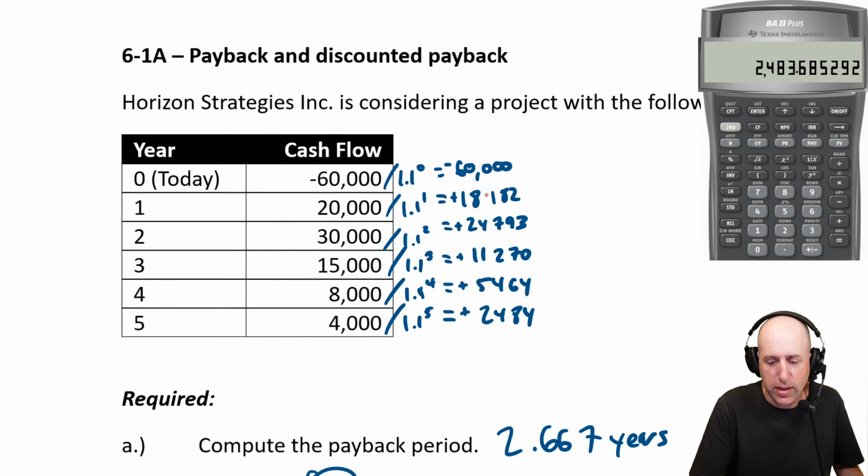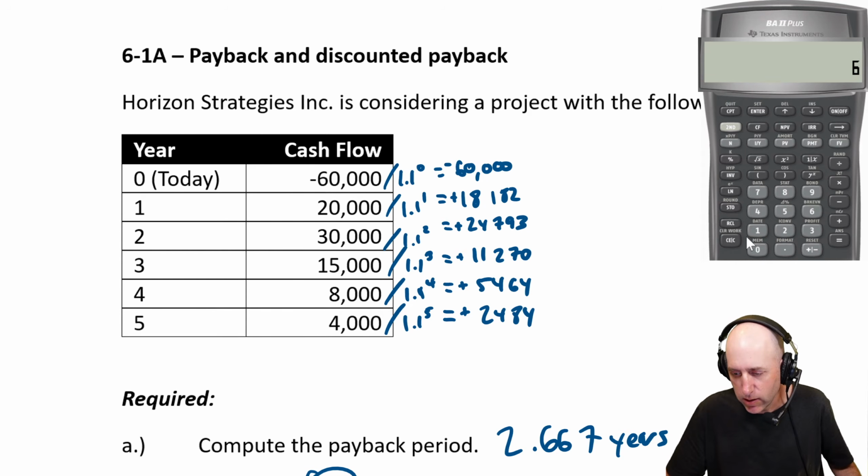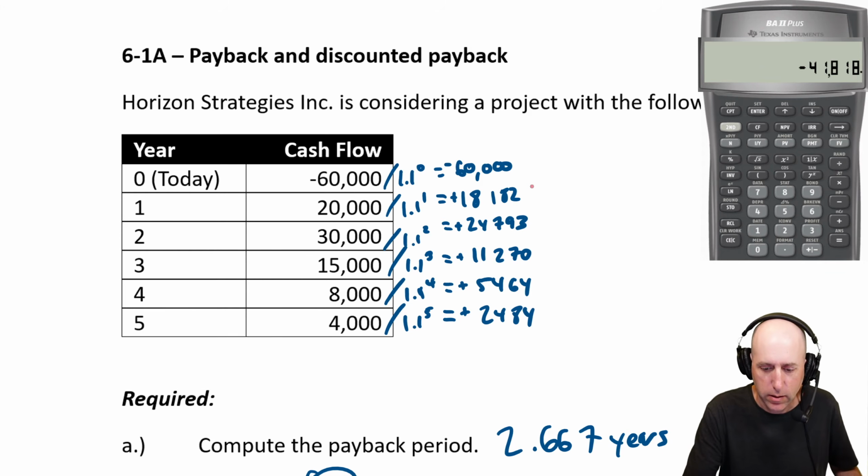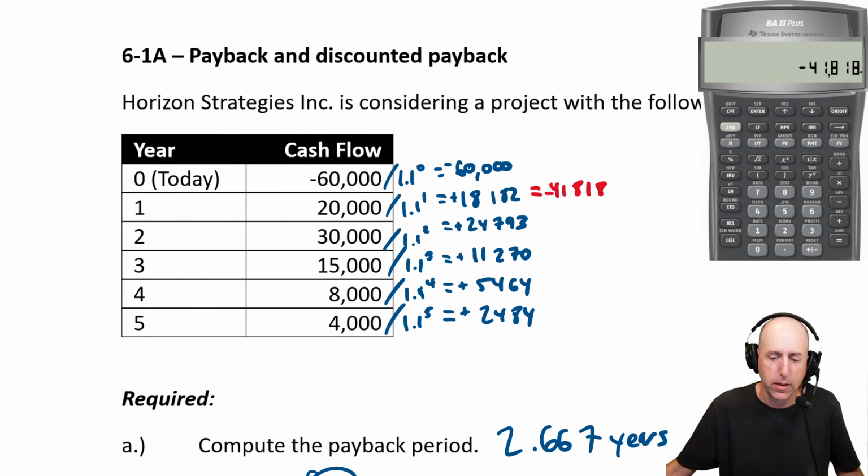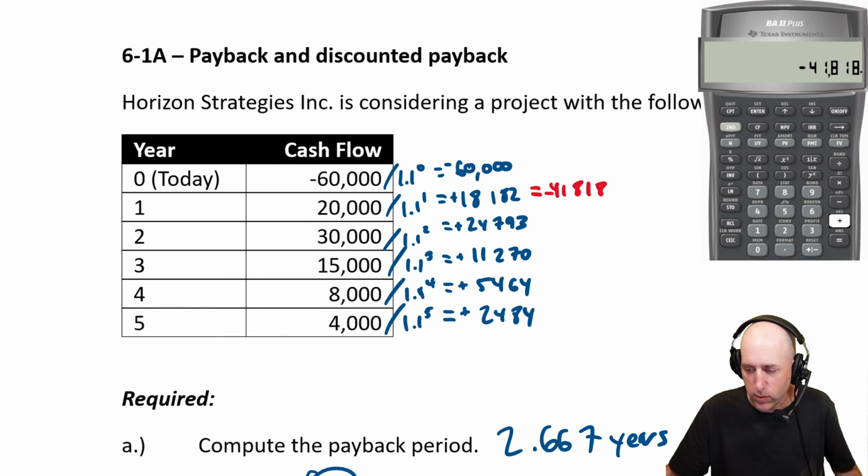So negative 60,000 plus 18,182. After 1 year, I am still in the hole, minus 41,818. Let's add 24 grand to that, plus 24,793.